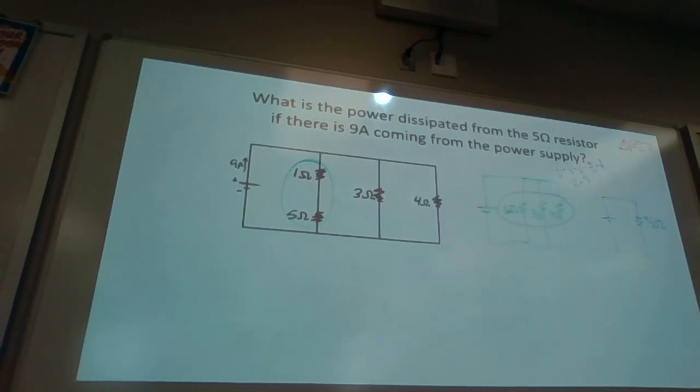I want to know the power through the 5 ohm resistor. I got 0.75. You need to find the inverse, the reciprocal of that.